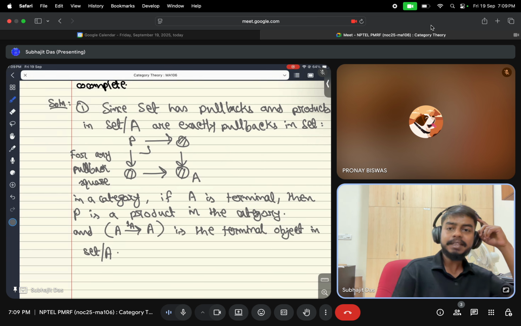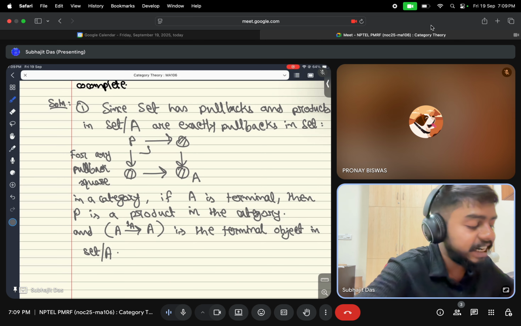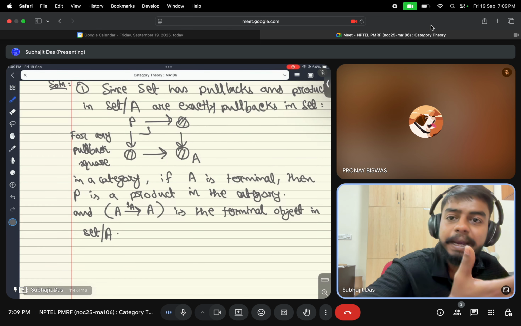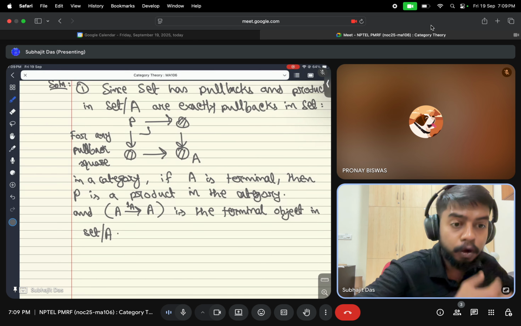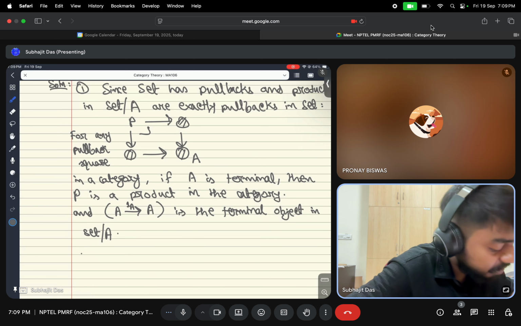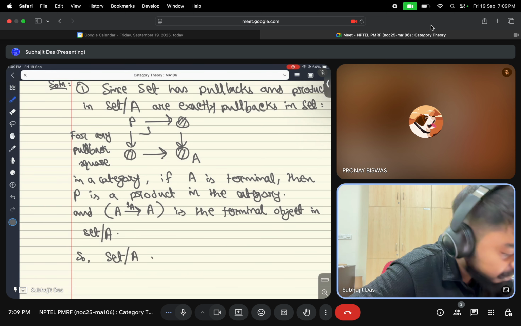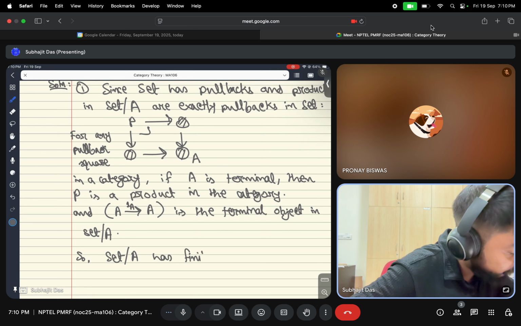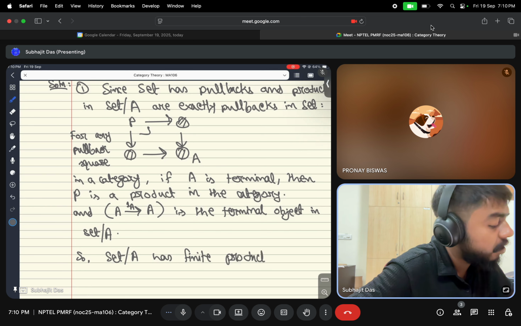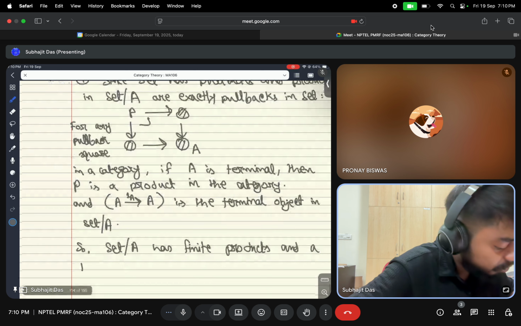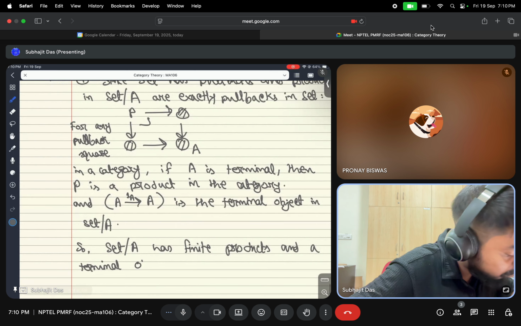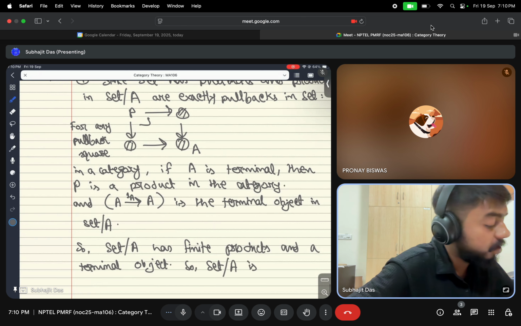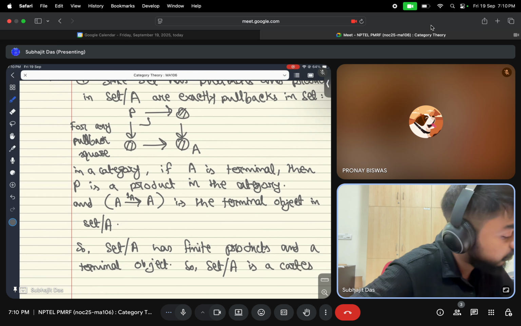And since set has pullbacks, set over A has products, and any category with finite products has binary products and a terminal object. So it has all finite products. So set over A has finite products and a terminal object. So set over A is a Cartesian monoidal category.